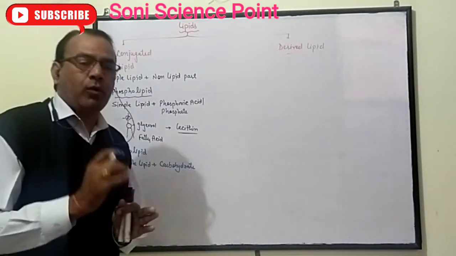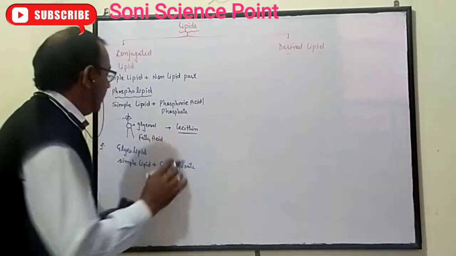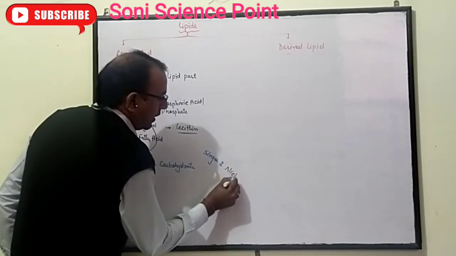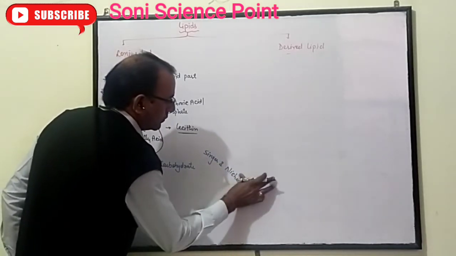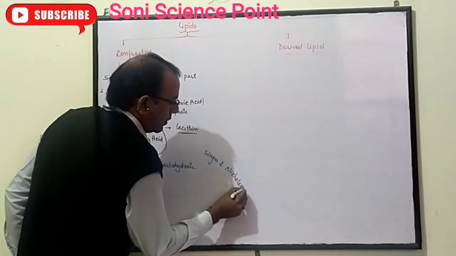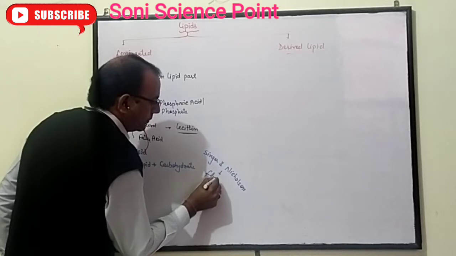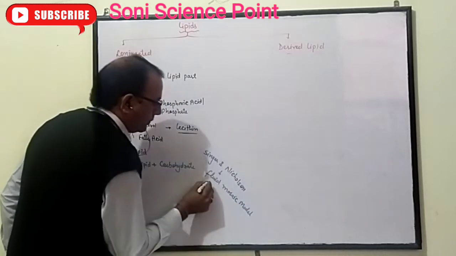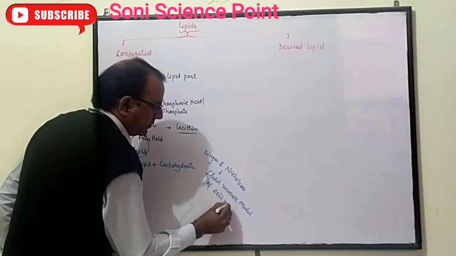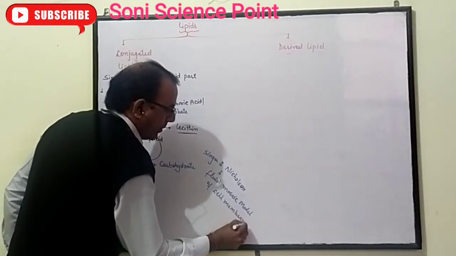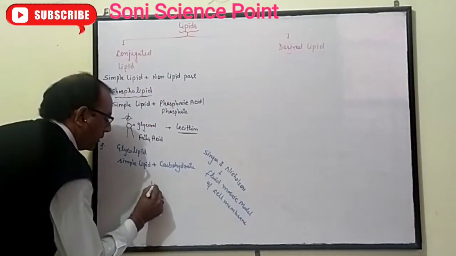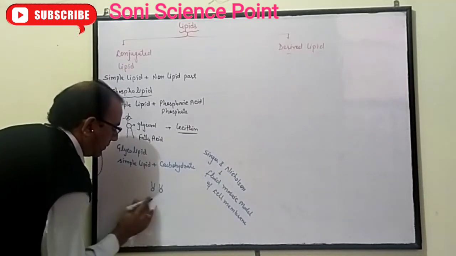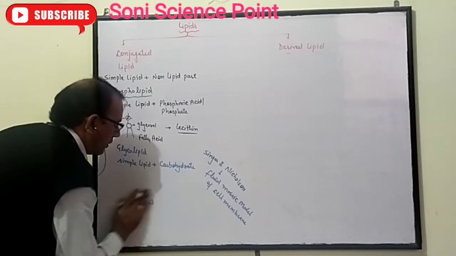The fluid mosaic model of the cell membrane was proposed by Singer and Nicholson. The cell membrane is made up of a bilipid layer, like this one.